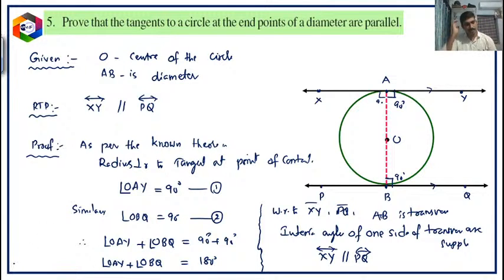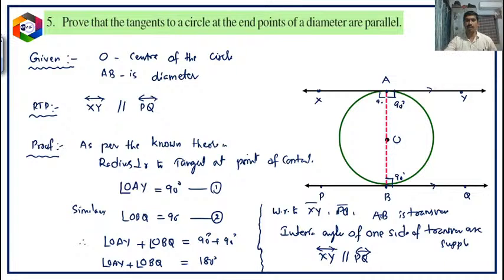In the first exercise the concentration is mainly on radius being perpendicular to the tangent, and how to calculate the length of the tangent by making use of the formula root of d square minus r square. And another main concept is that tangents to a circle at the endpoints of the diameter are always parallel. Based on this, we have completed the first exercise.